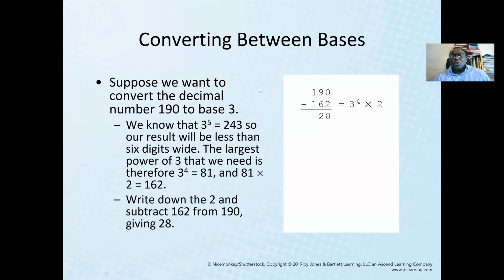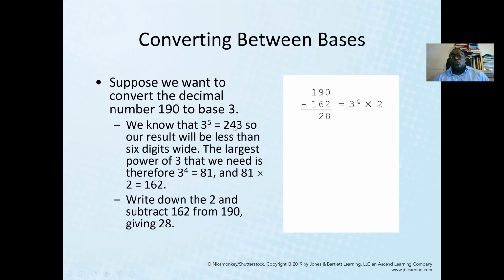So now we saw the division remainder. This is the subtraction method. Here they say, suppose we want to convert the decimal number 190 to base 3. Remember, now we are using base 3. First, I look at the value 190: 3 to the power 5 will give me 243.